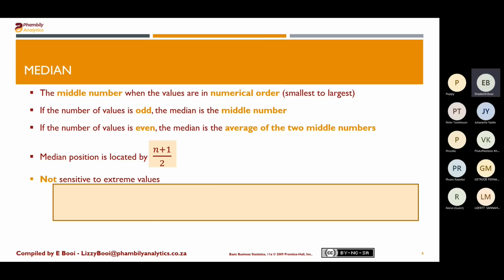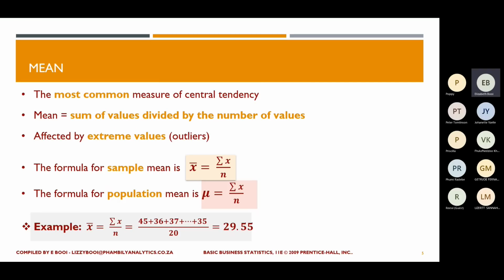For the sample mean, X bar is equal to the sum of your X observations, divided by n, which is your sample size, the number of data points or data values that you have.